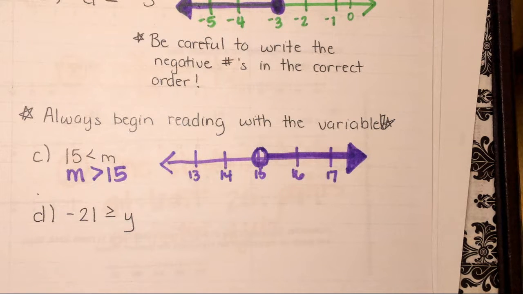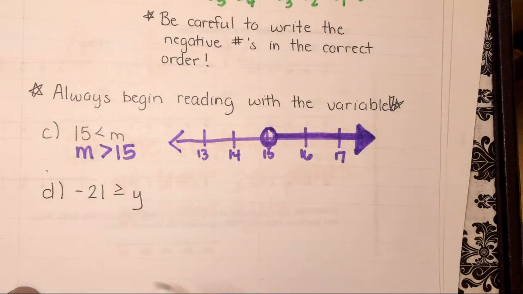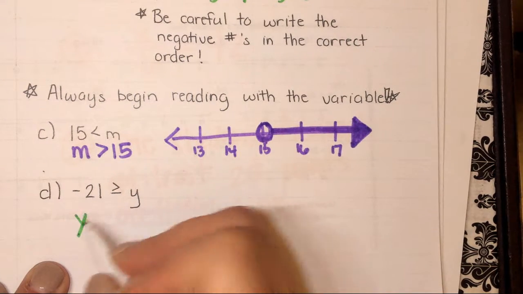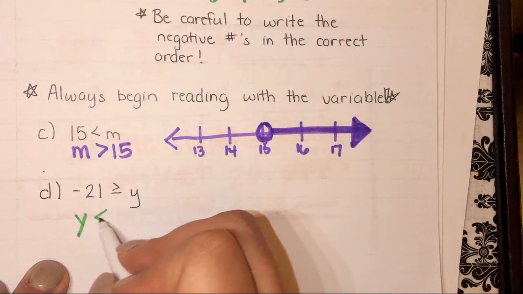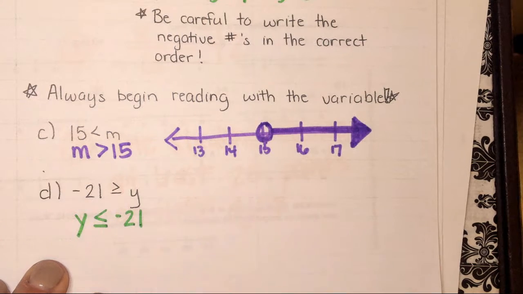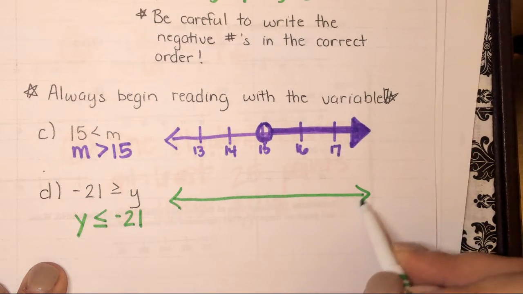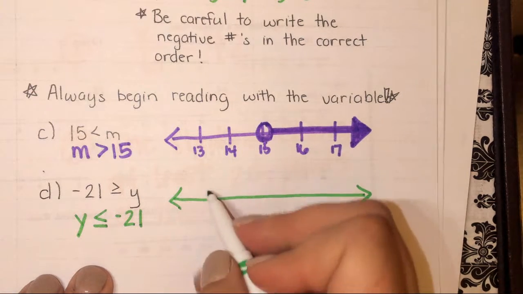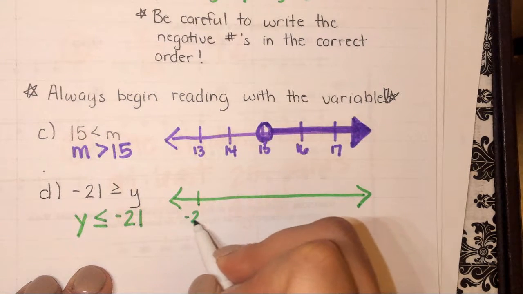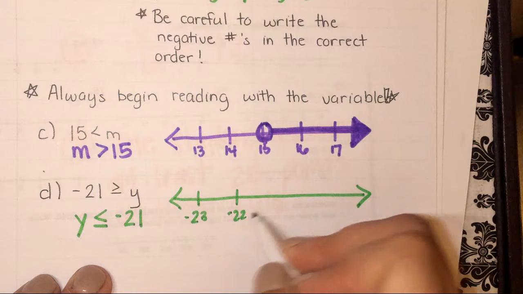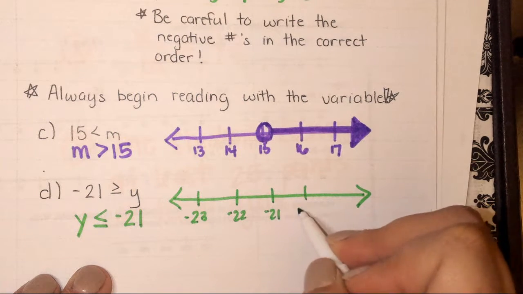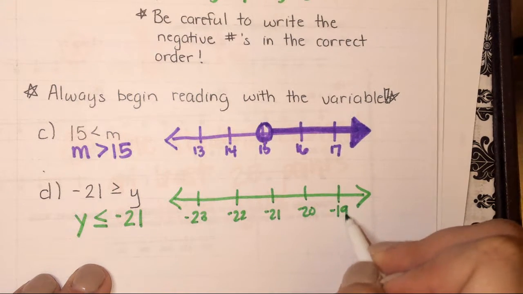Okay? Let's look at the next one. We've got negative 21 is greater than or equal to y. So if we put our variable first, we would say y is what? Less than or equal to the negative 21. Yes, less than or equal to negative 21. So drawing our line, let's do negative 23, negative 22, negative 21, negative 20, negative 19.